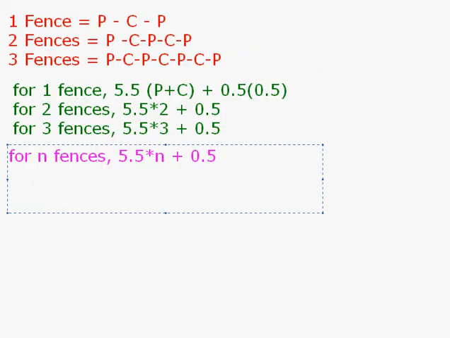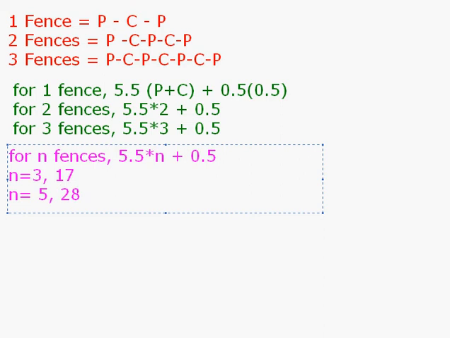So we cannot have fences in numbers like 1.5 or 2.3 or 6.9. We can have the number of fences as either 1 or 2 or 3 or 5 or 100 or 200, like that. Okay, so now if we consider n equal to 3, then length will come out to be 17. If we consider n as 5, length comes out to be 28.